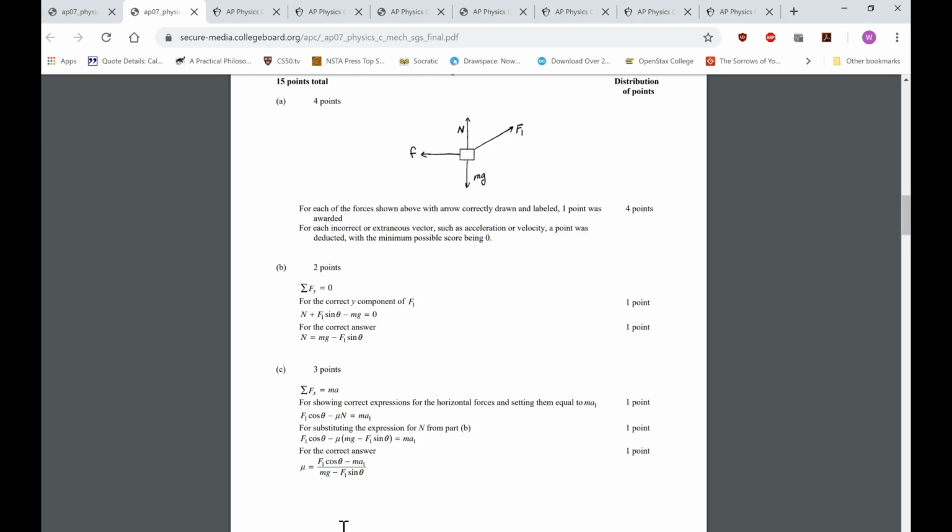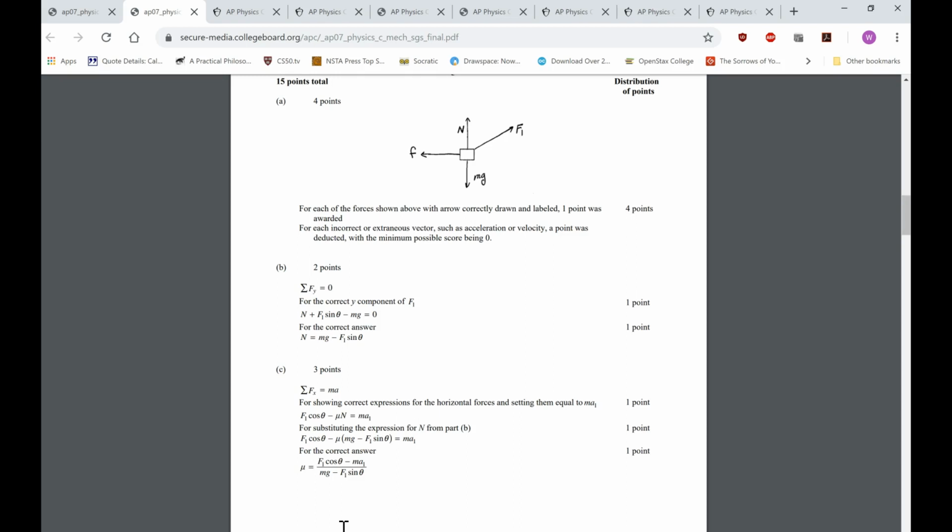So it doesn't matter if B is right, you still get credit for knowing to substitute in that Fn value. And then for the correct answer, generally, if you messed up B but you are consistent, you would get the point because it's correct given your previous mistake. But otherwise, it would be F1 cosine theta minus mu.